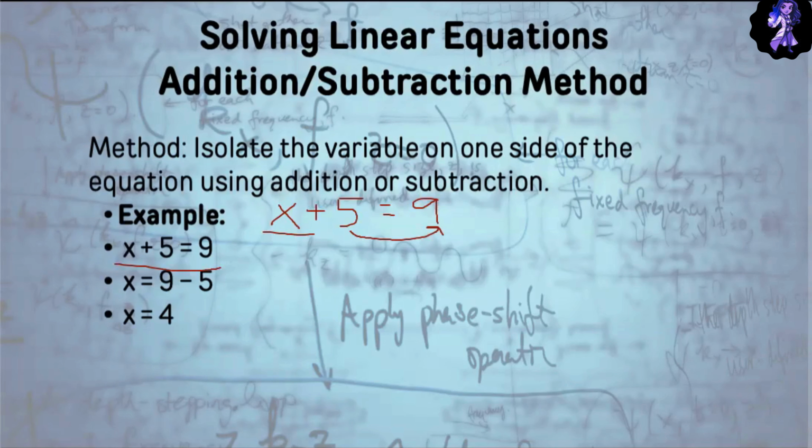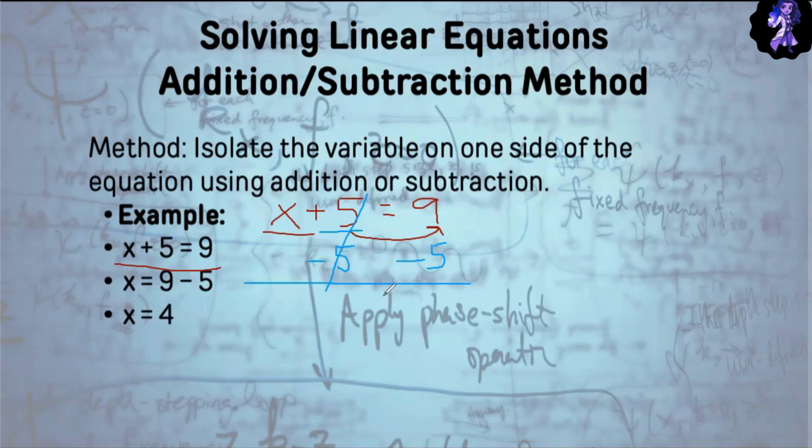The way that we go ahead and do this is we complete the opposite operation. Since it's plus 5 here, I'm going to go ahead and subtract 5 on both sides. The reason why we can do this is plus 5 minus 5 equals 0, and so they cross each other out.